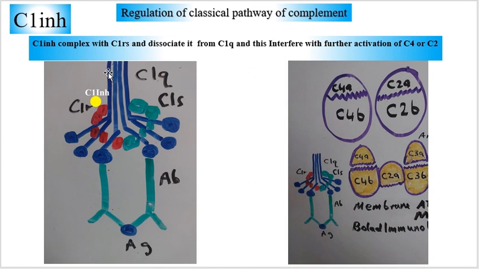So C1 inhibitory factor dissociates these proteases from this complex, so it will prevent further cleavage of C4 and C2 into complement fragments.